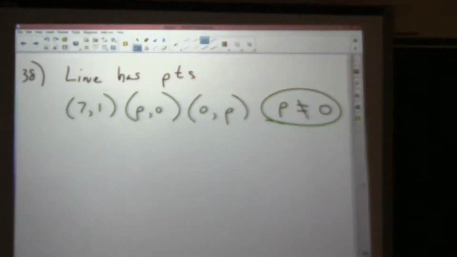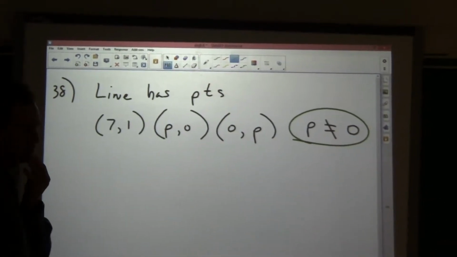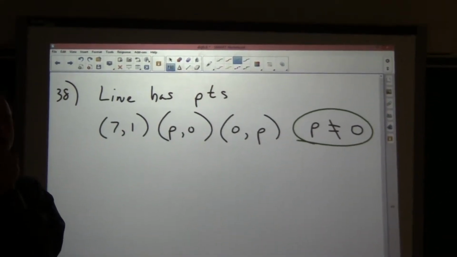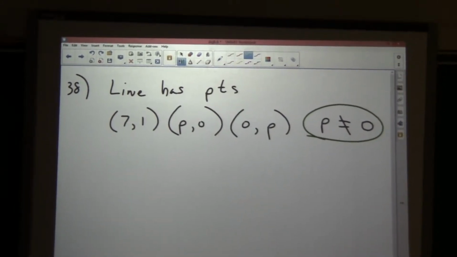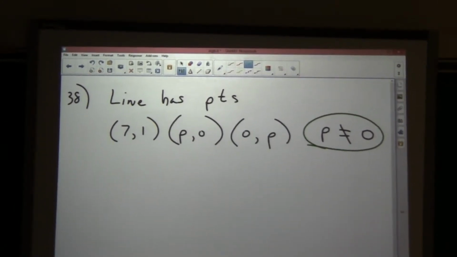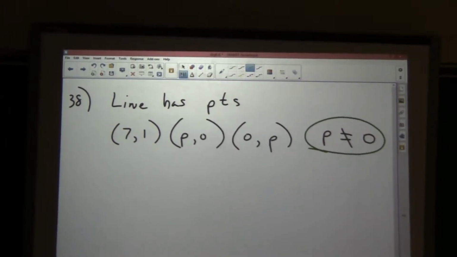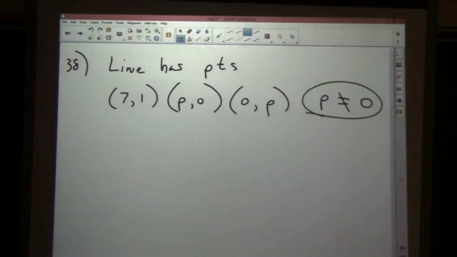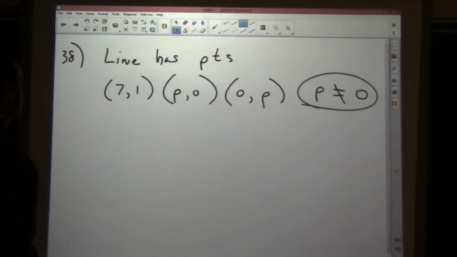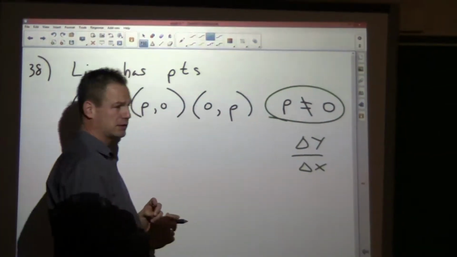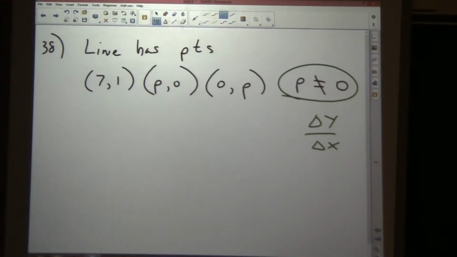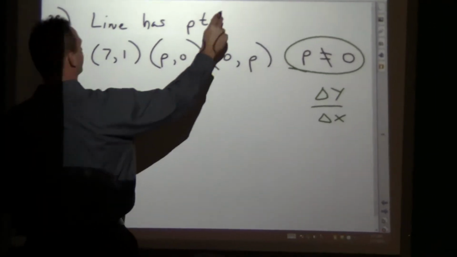All right, how do I find slope? Rise over run, or the change in y over the change in x. Yes? All right? So take a look here.